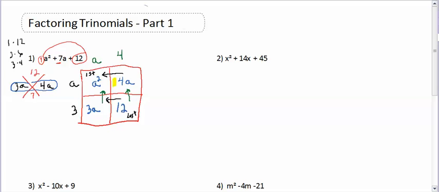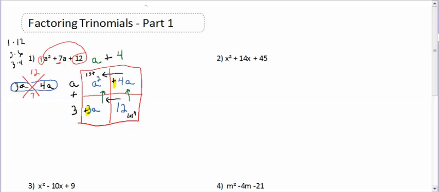The sign right here and the sign right here are going to determine the sign that goes between these two terms we have. Well, this is a positive 4, so this is a plus 4. And this is a positive 3, so this is going to be a plus 3.